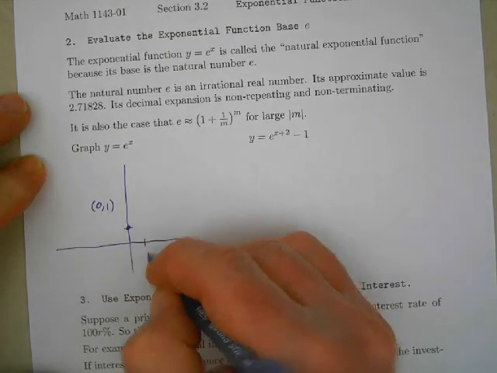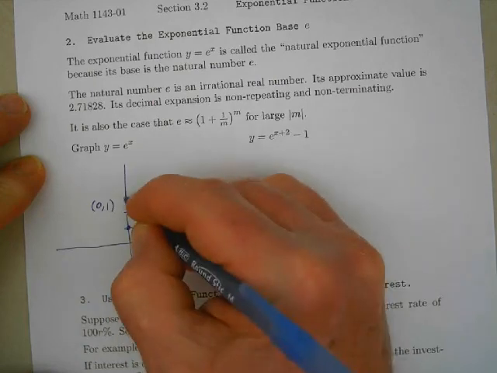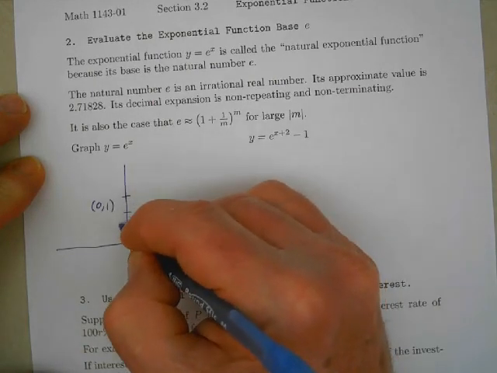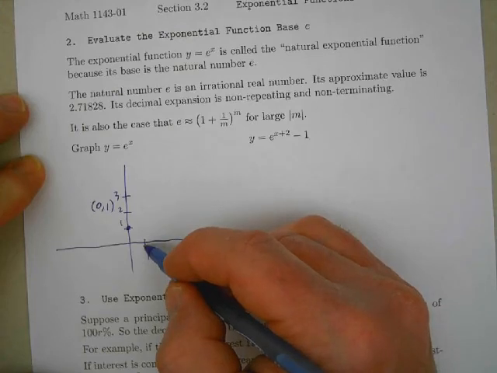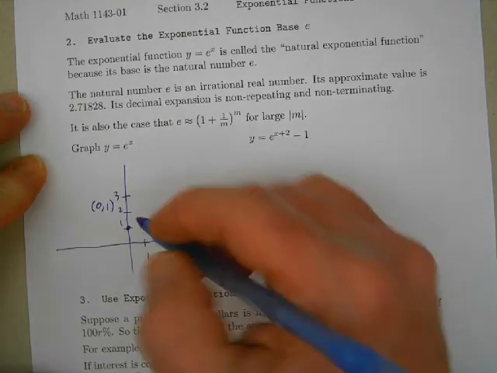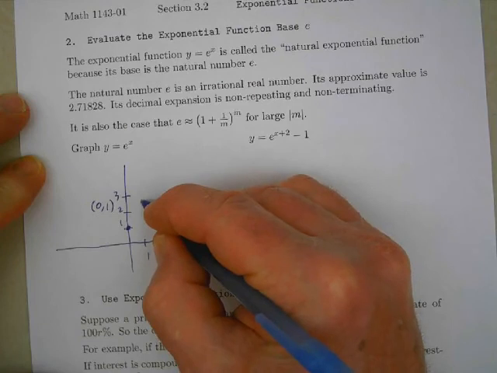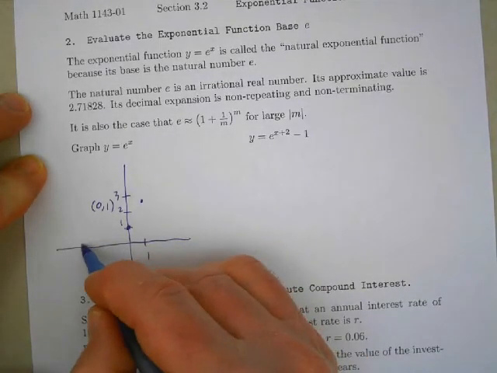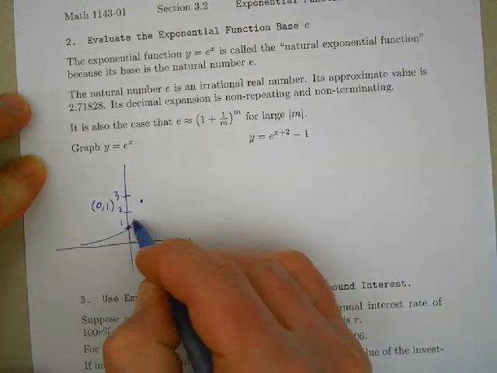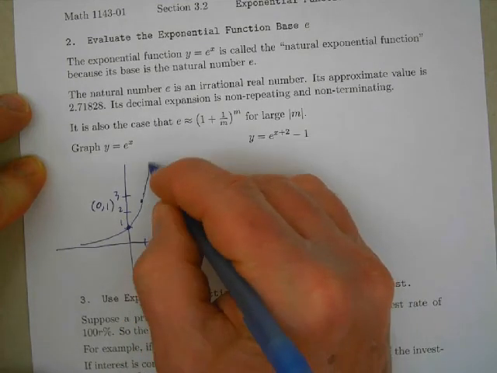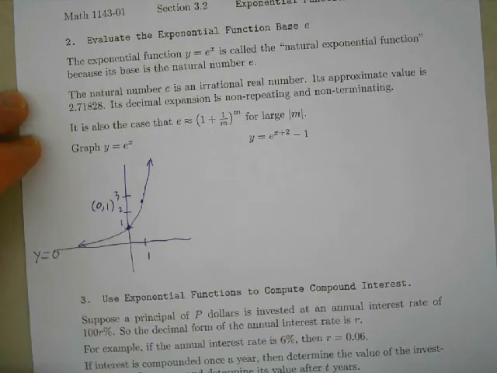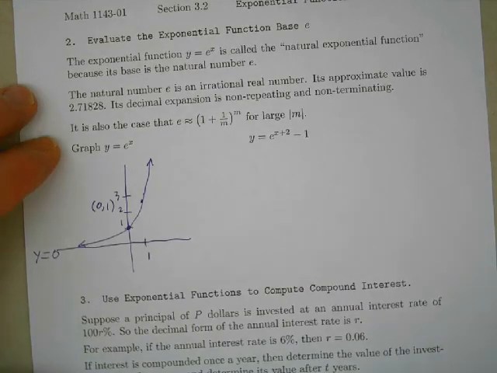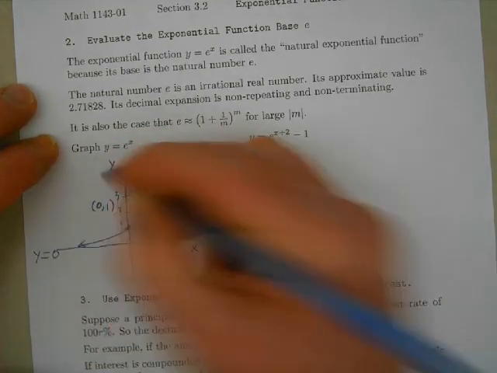And then when x is 1, e to the first is 2.71828 approximately. So it's about right here. And the negative x-axis is a horizontal asymptote again. Okay, so that's a rough sketch of y equals e to the x.